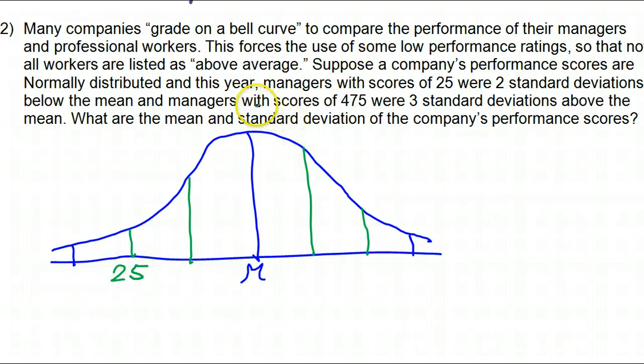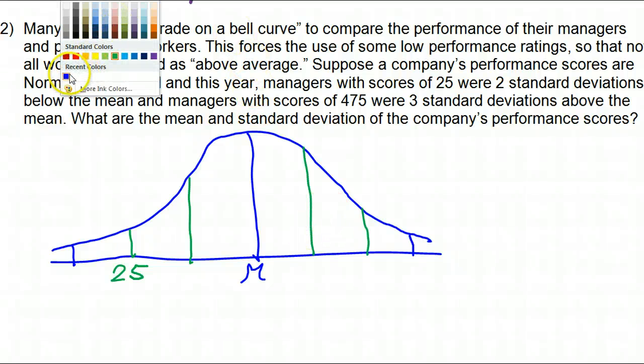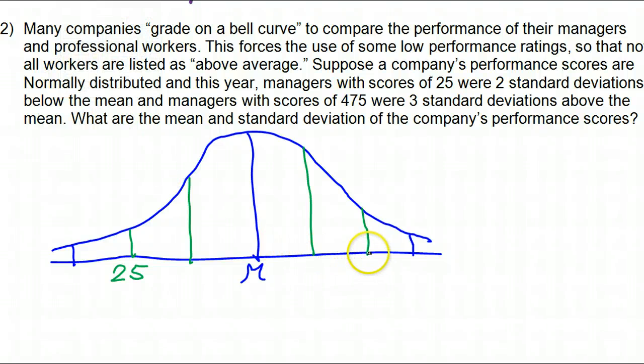And managers with scores of 475 were 3 standard deviations above the mean. So 1, 2, 3, and this was 475.